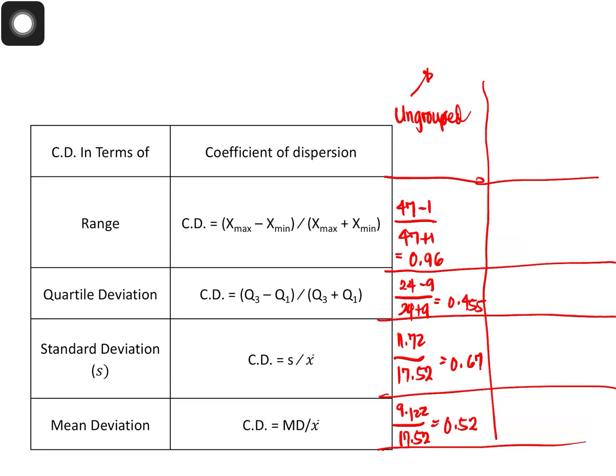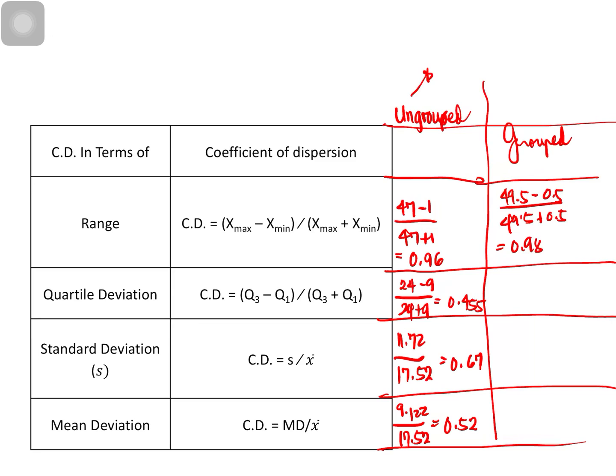Okay, so for the grouped data, for the range, we have 49.5 minus 0.5 divided by 49.5 plus 0.5, that is equal to 0.98.